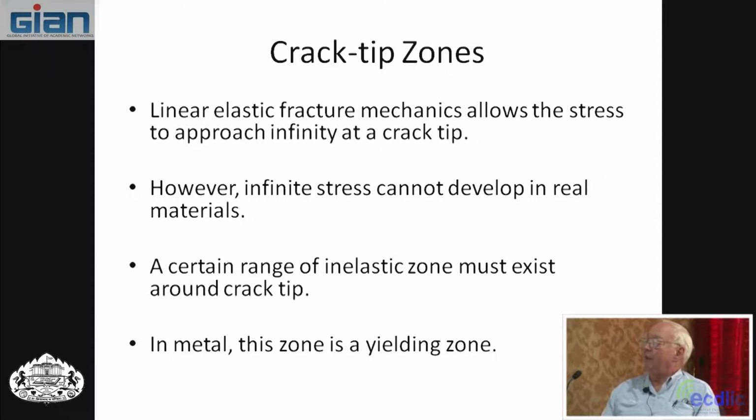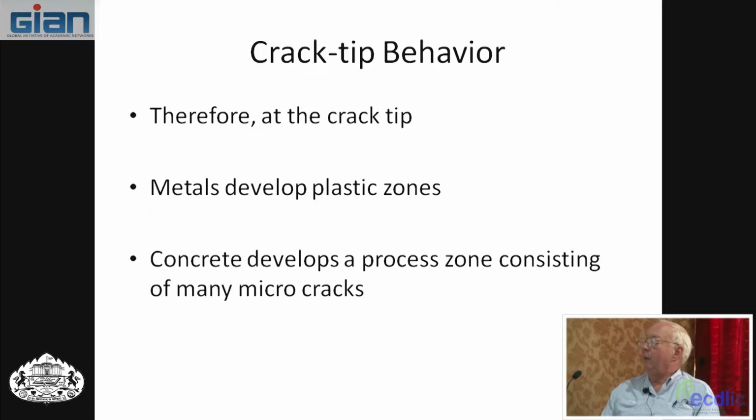So, crack tip zones. In linear elastic fracture mechanics, you get high stresses near the crack tip, and if you approach the crack tip itself, the elastic stress is infinite. Because you can't develop infinite stress in real materials, something happens. You get an inelastic zone, and in metals you get a plastic zone.